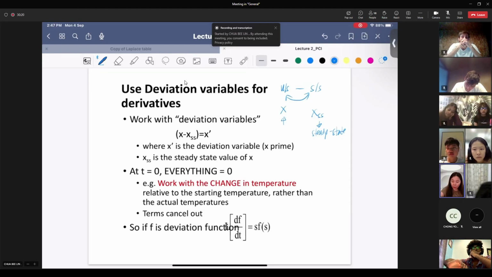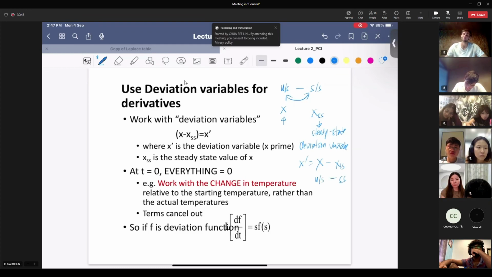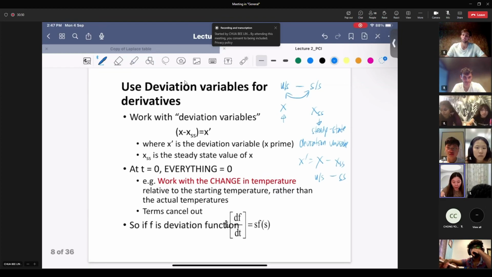So if we are using a deviation form, so deviation variable, I will have x prime to indicate the difference, the unsteady state value minus the steady state value. So what is the prime? Prime is deviation. Deviation means I'm using the unsteady state value minus the steady state value. So prime indicates the deviation.